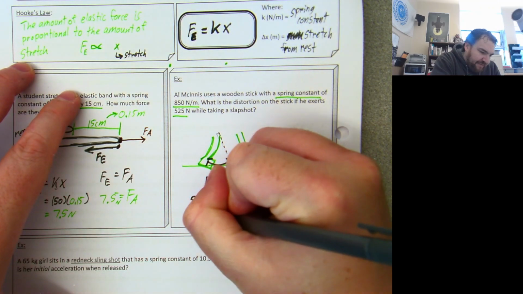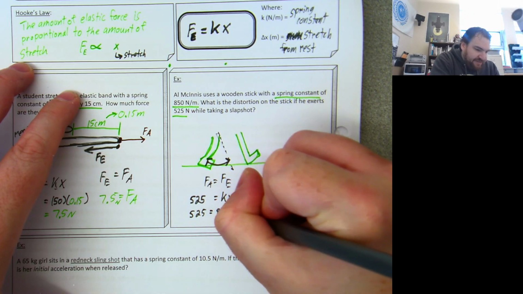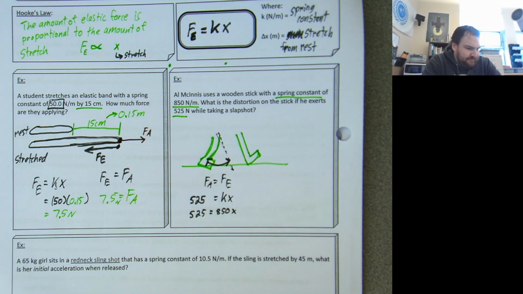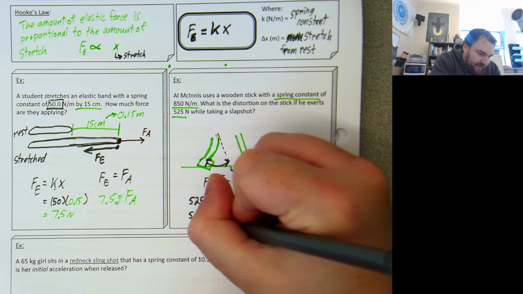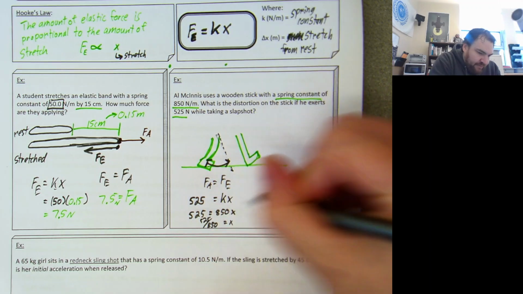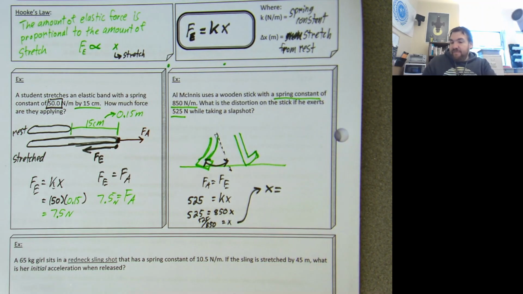So 525 equals 850x, so x equals 525 over 850. 525 divided by 850 is 0.618.